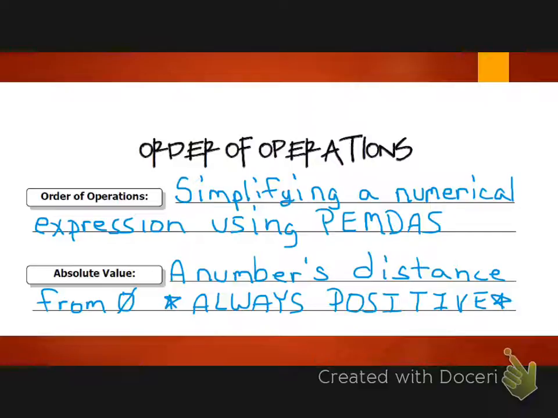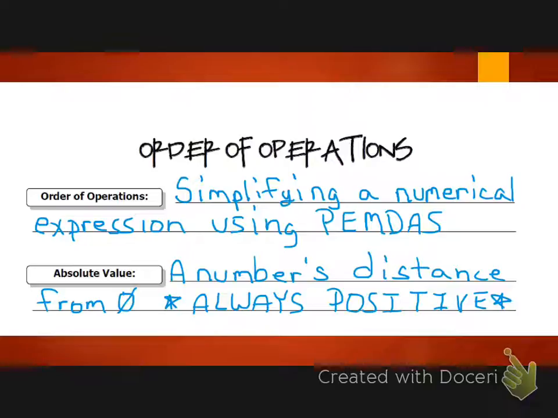Absolute value is a number's distance from zero, always positive. If you think about it, if I'm standing in a place on the floor and I take one step to the right, I am one step away. Now say I go back to my starting place and take one step to the left. Again, I'm still one step away from my starting point.